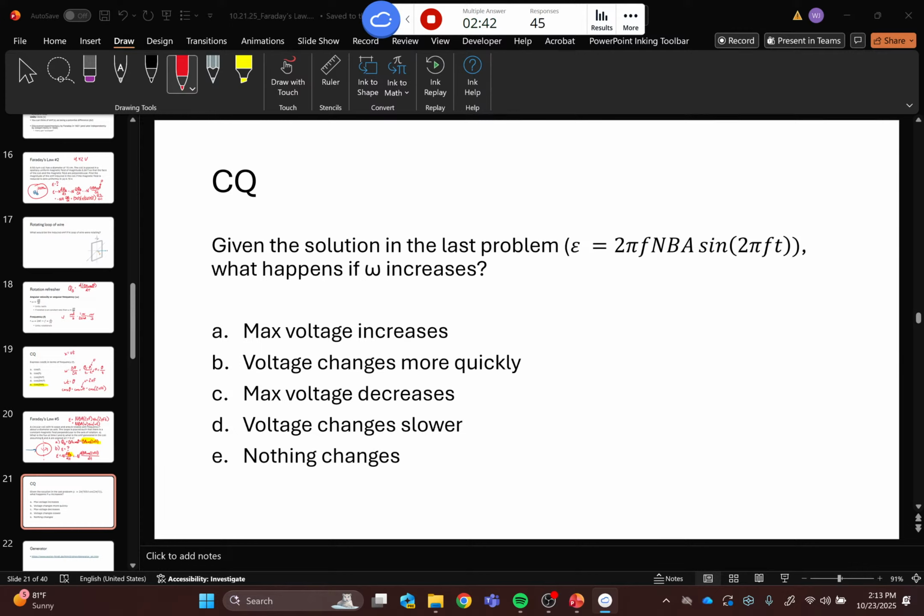So by changing W, you get what? There's also the omega and the input, like the amplitude and the sine of omega t.